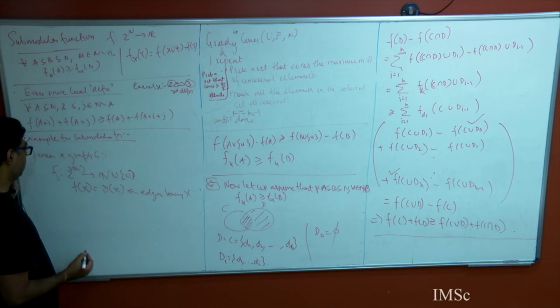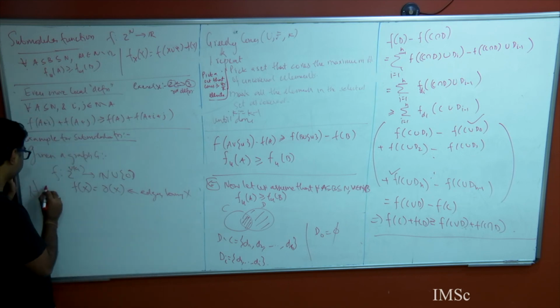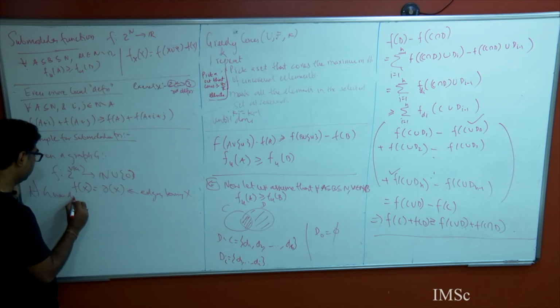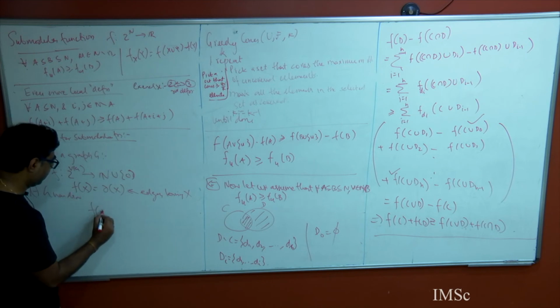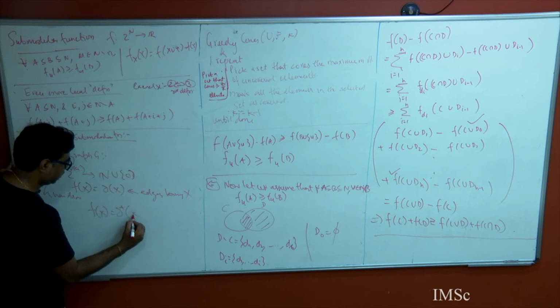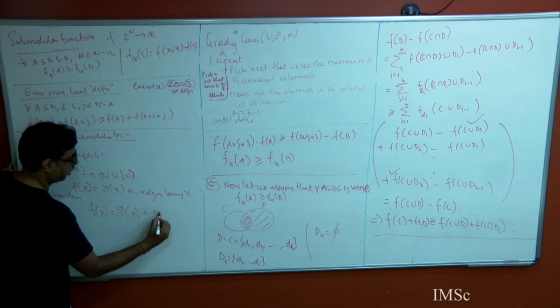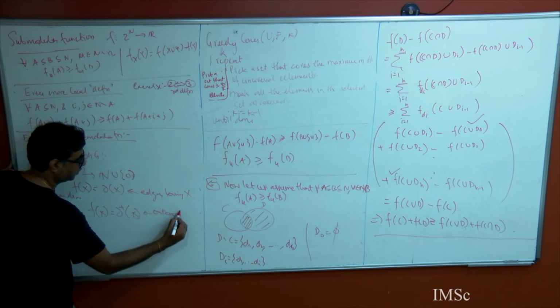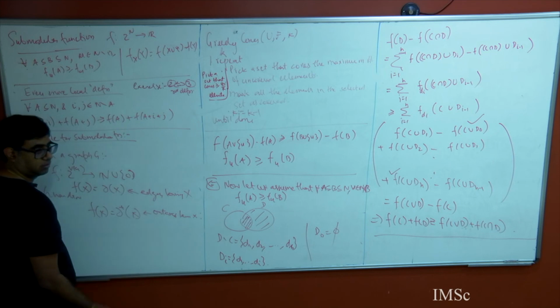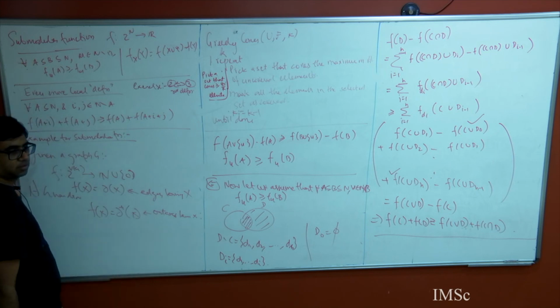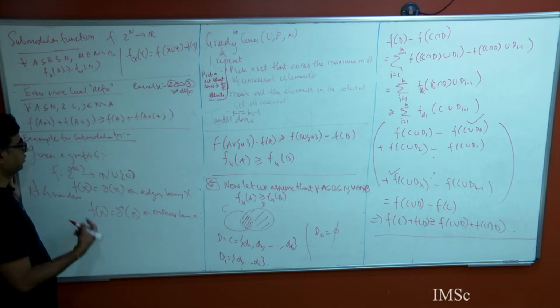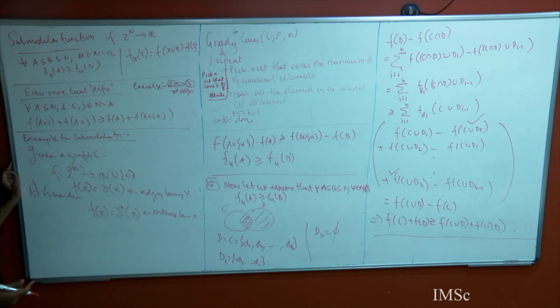And if G was directed, I could also take f of x as the out arcs leaving x. All these are examples of submodular functions. What about the coverage function?